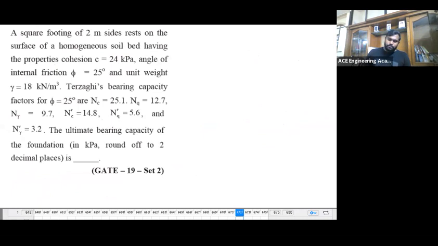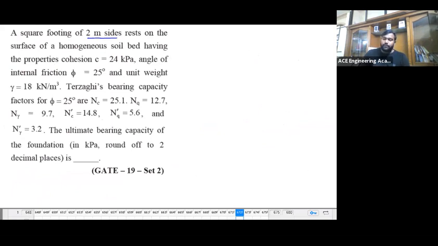Now you see this question. A square footing of 2 meters sides rests on the surface of a homogeneous soil bed.